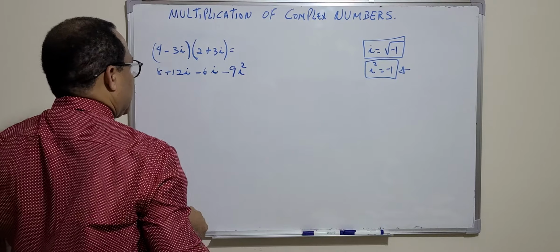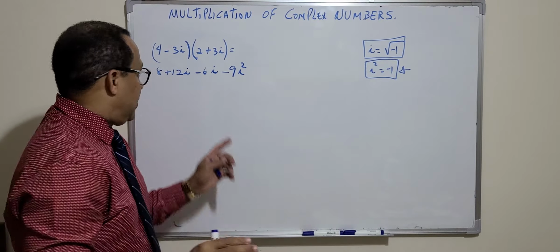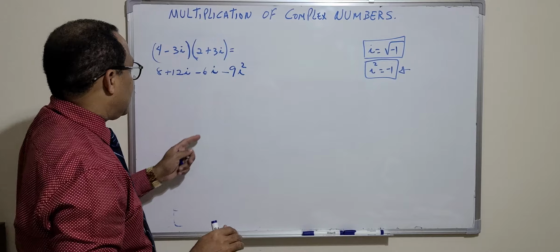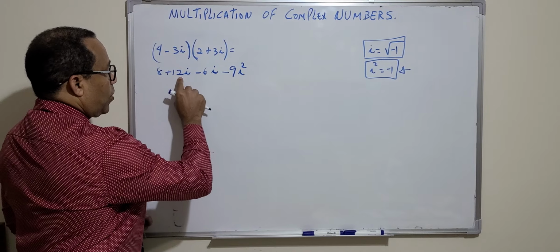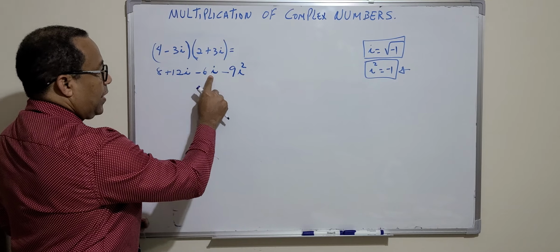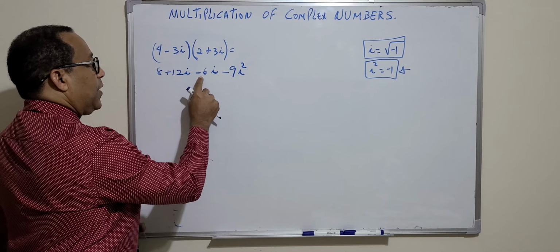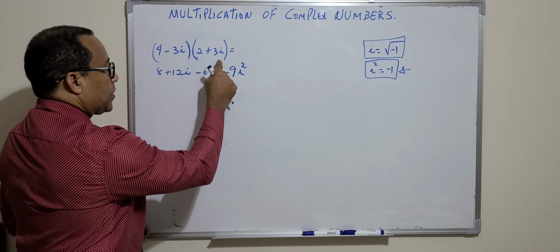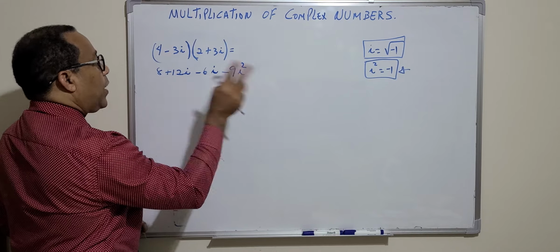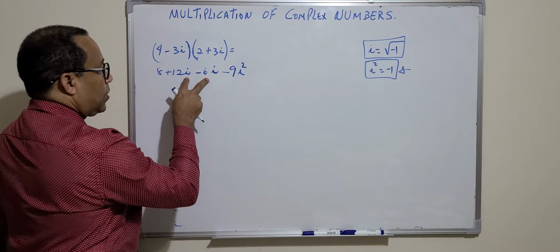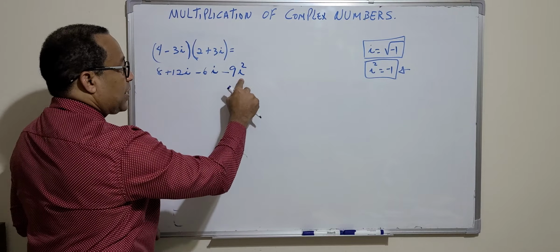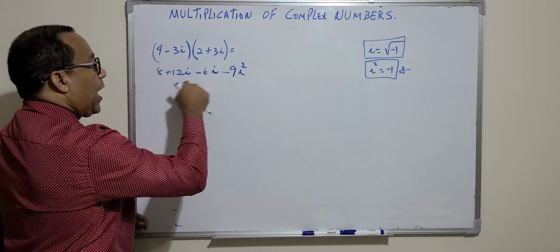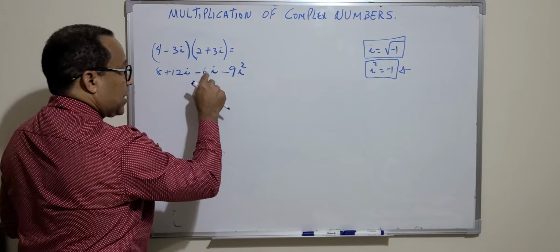Let's solve the like terms, if any. And we do have like terms here. The like terms are 12i and negative 6i. They are like terms because they have the same variable with the same power. So the only two like terms in this expression are these two. Negative 9i to the second does not have any like term because there's no other i to the second.